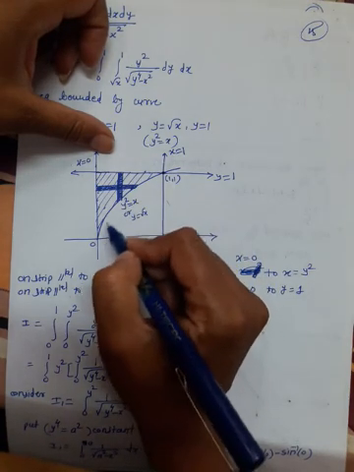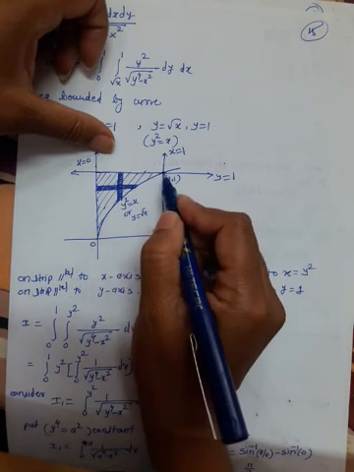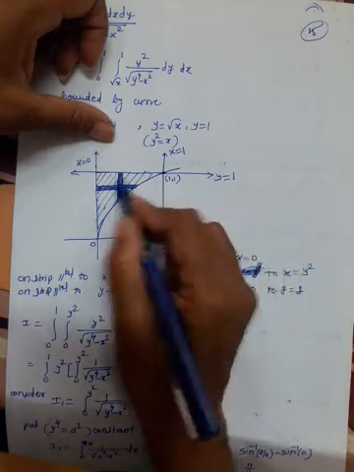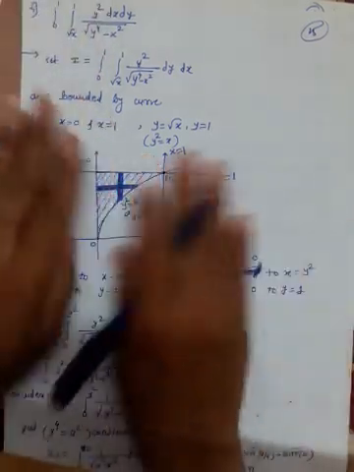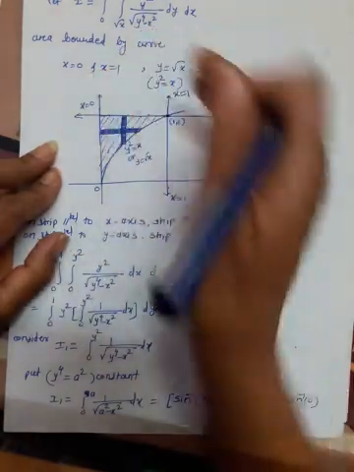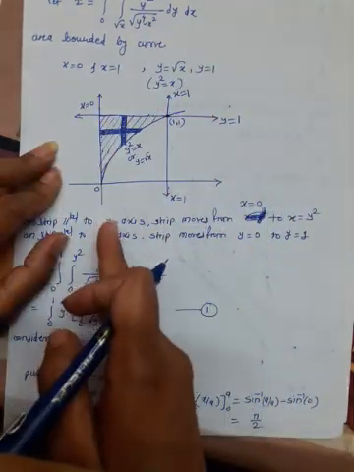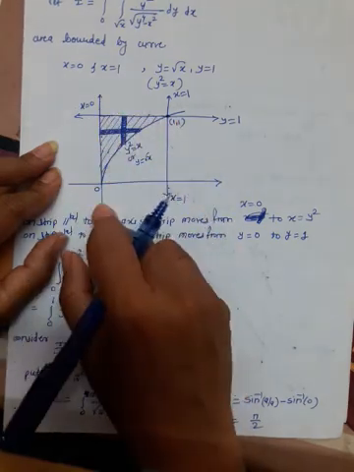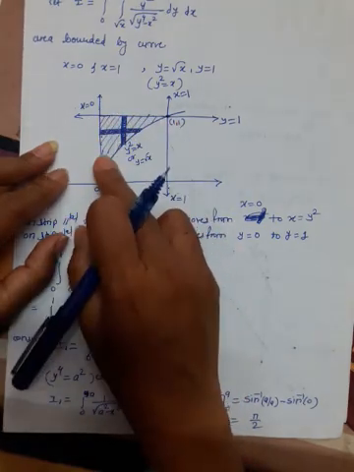That's why this curve must pass through this point of intersection. Okay, this is the rough drawing of these curves. This is the first, second, third and fourth, and the region bounded by these 4 lines and this curve is this one, the shaded region.